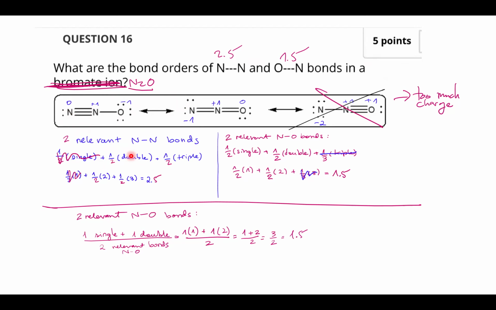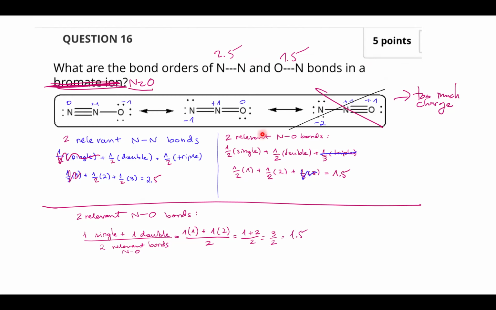When you translate what double and triple mean, it will be 1/2 times 2 for double, plus 1/2 times 3 for triple. The bond order of N to N in nitrous oxide will be 2.5.